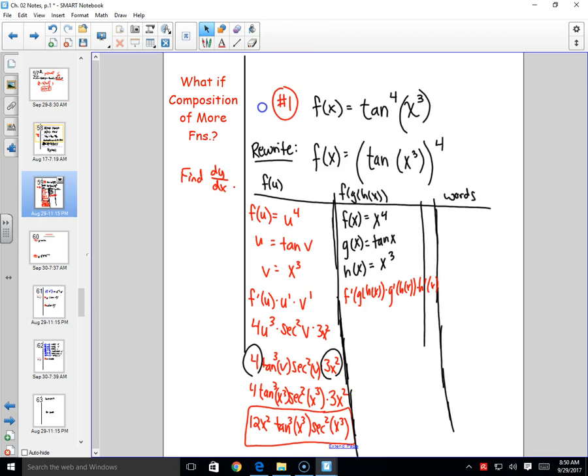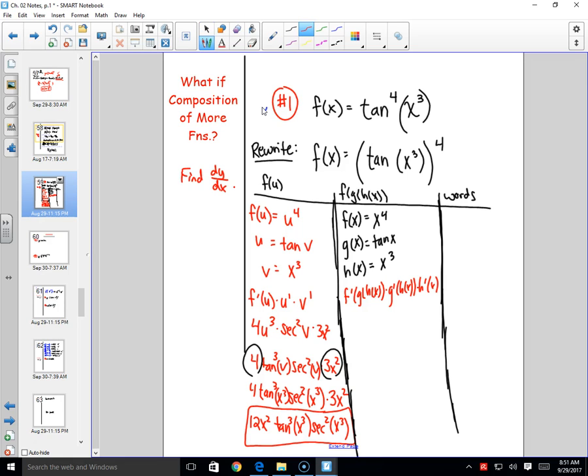Whoa. It's the formula, just expand it, because I have to do outer, keep the inner, outer, keep the inner, inner prime. It's a lot easier. But no. F prime of g of h, g prime of h of x, and h prime of x. So then you would have 4 somebody cubed, and the somebody would be the g of h, which would be tangent of x cubed.